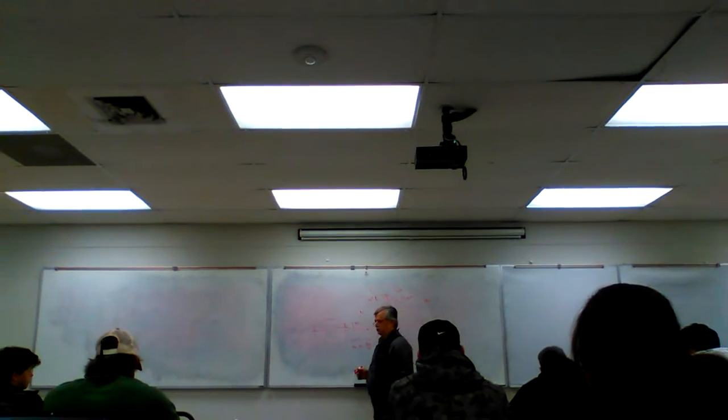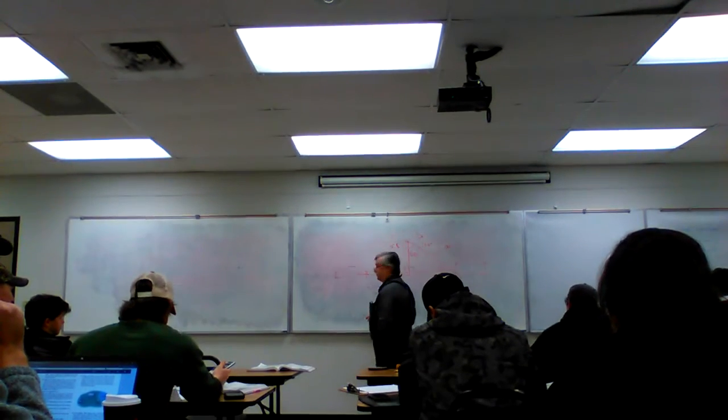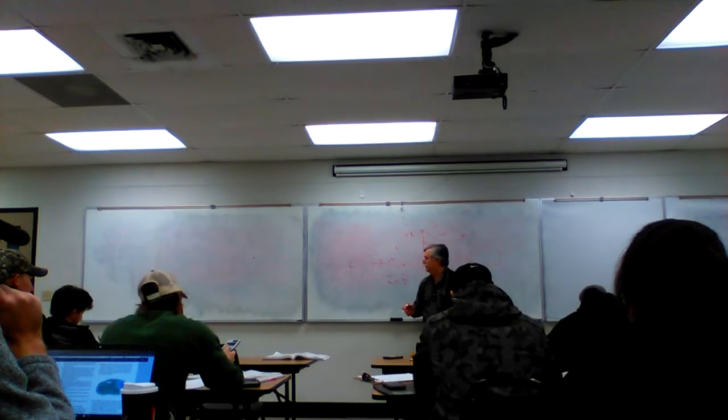Turns out this one might be a little bit more complex than some of the ones we've been working on. So we might have to do just a little bit more trigonometry to solve this one.